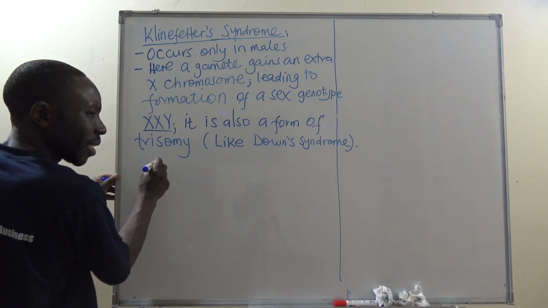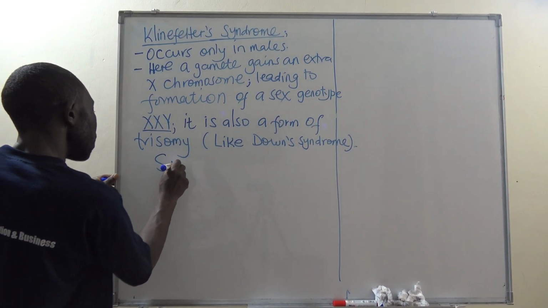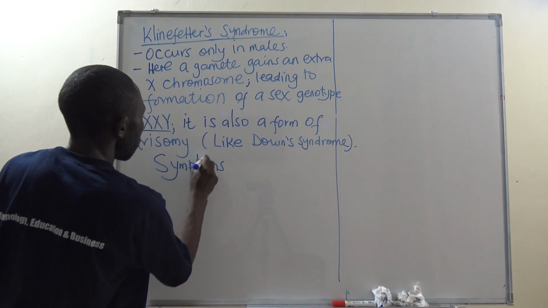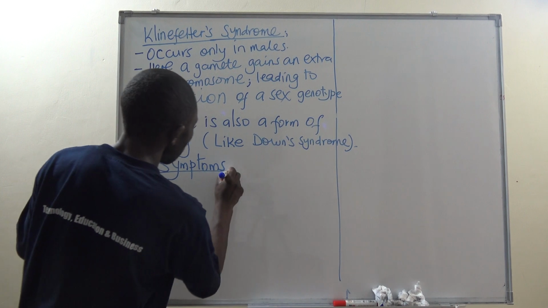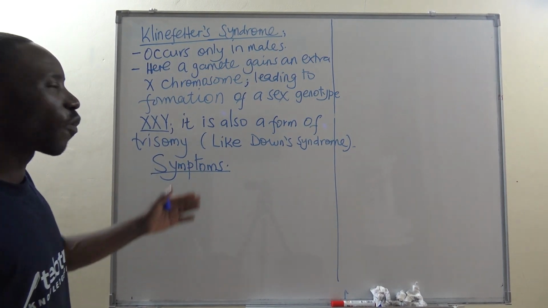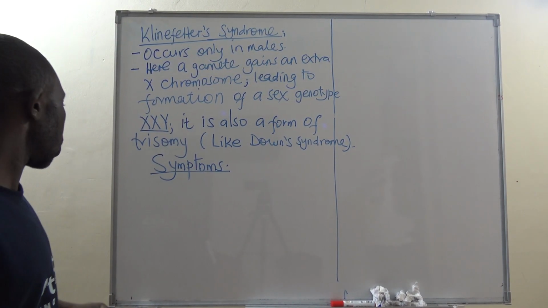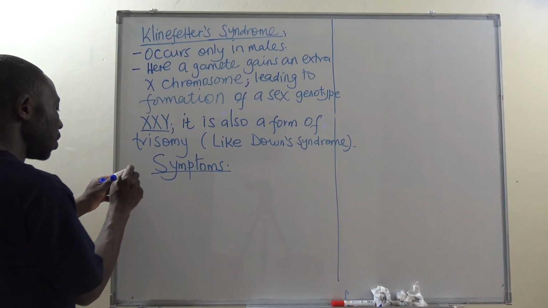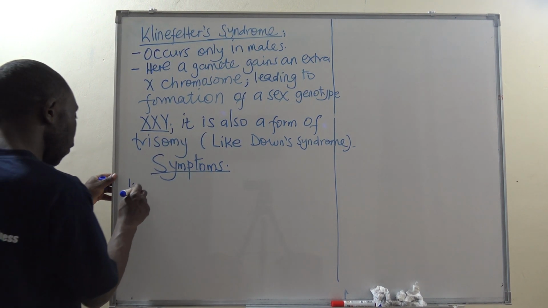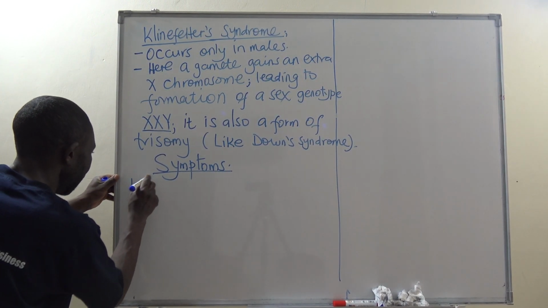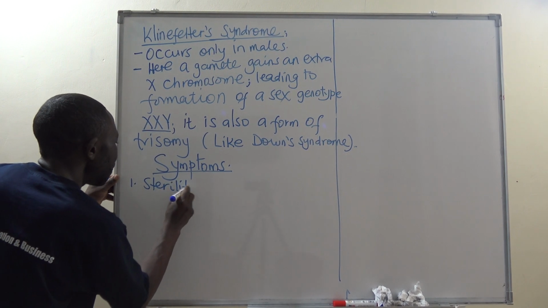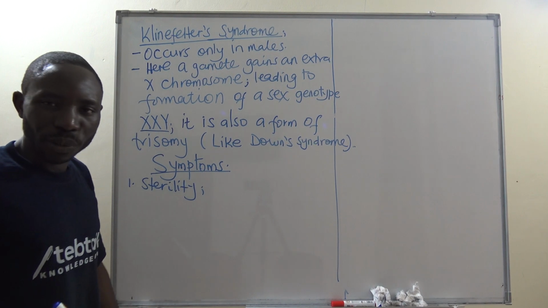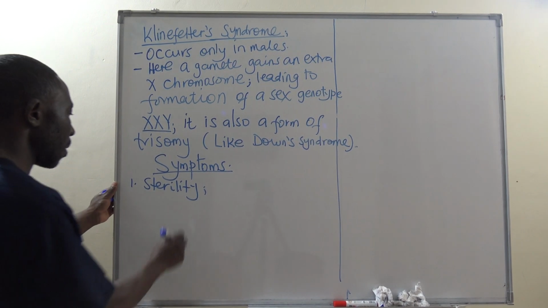So now, what are the symptoms? What are the symptoms of Klinefelter's syndrome? So, one of them is infertile male, or sterility, whereby the male does not produce sperm cells.